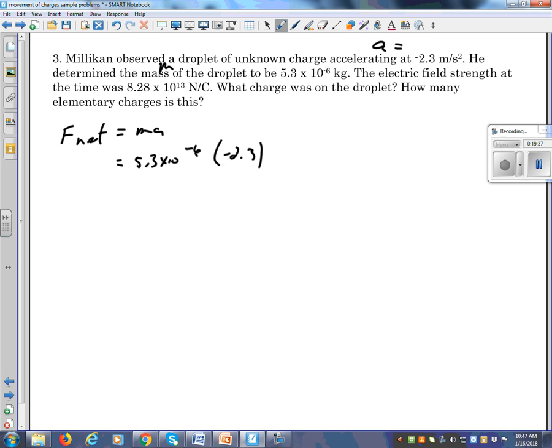Is the fact that it's negative important? Yeah, for sure. That means it's going down. 5.3 times 10 to the minus 6 times negative 9.8 is 5.19 times 10 to the minus 5, right?